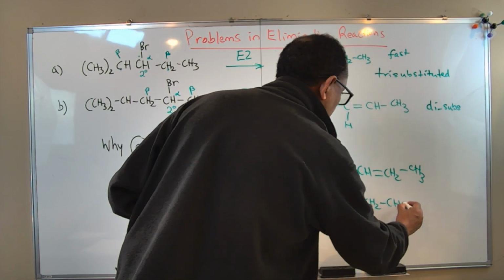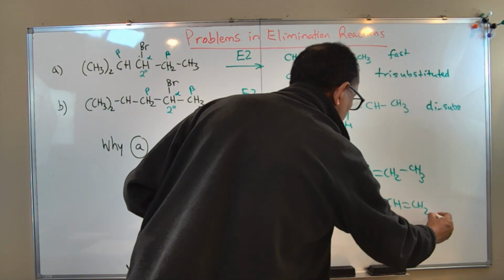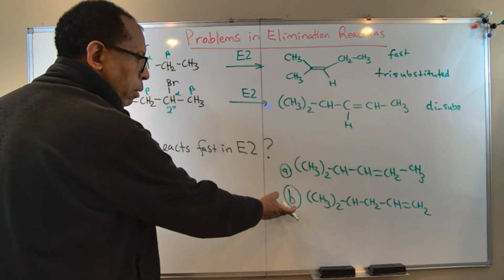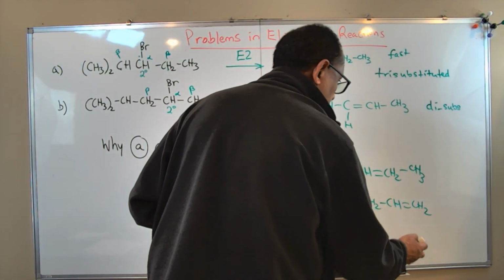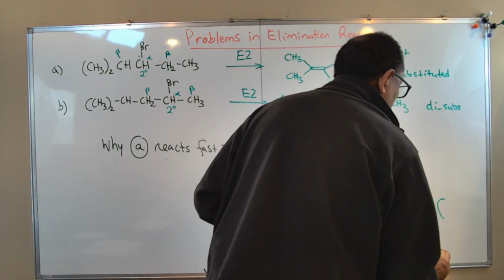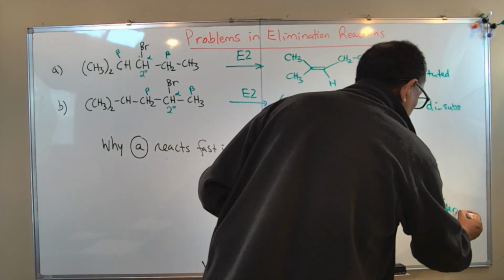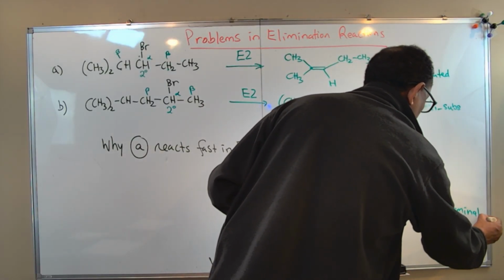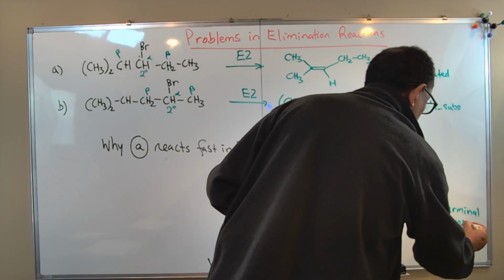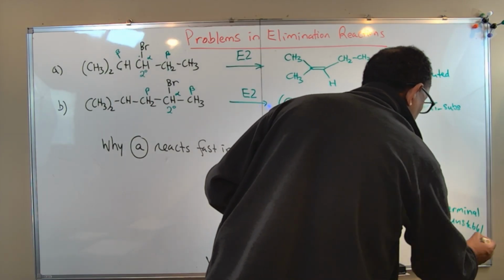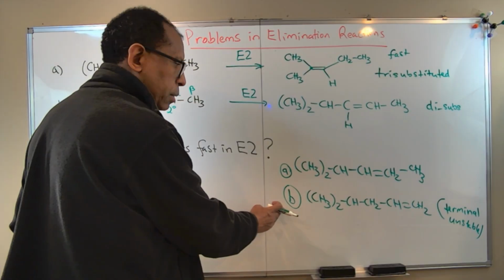In both cases, B always gives you a very unstable one. This is a very unstable terminal alkene. So the reaction will not be fast to form this.